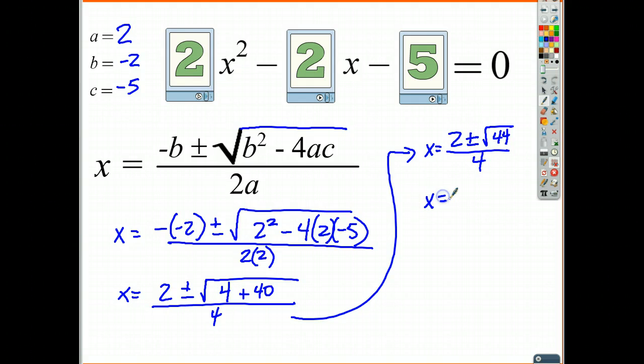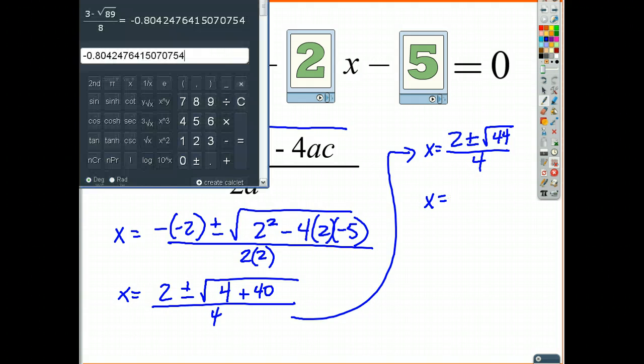Let's bring up the calculator and clear that. Put in parentheses, 2 plus the square root of 44, close those parentheses, and we'll divide by 4.